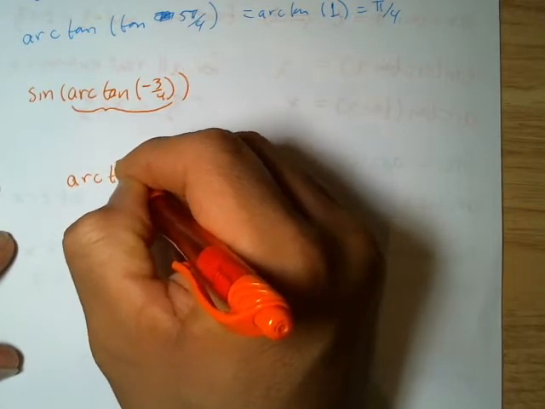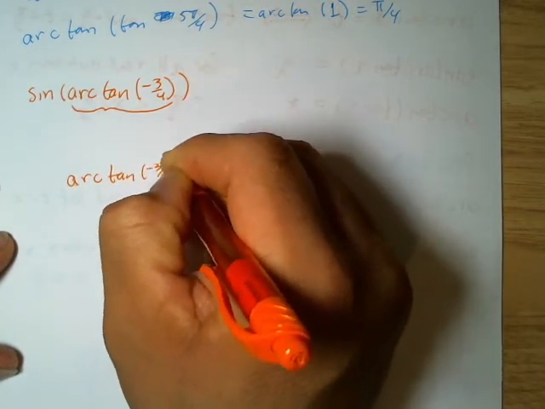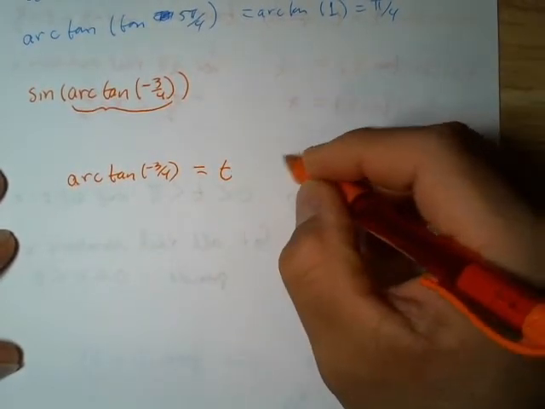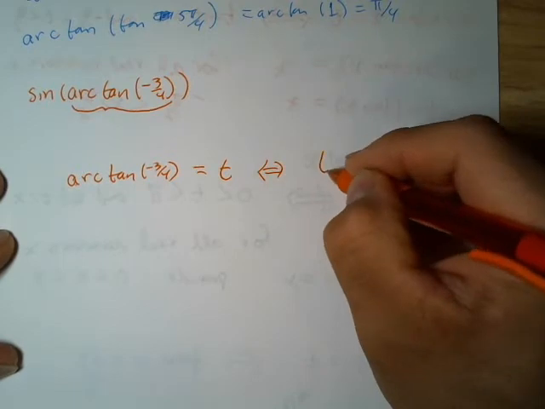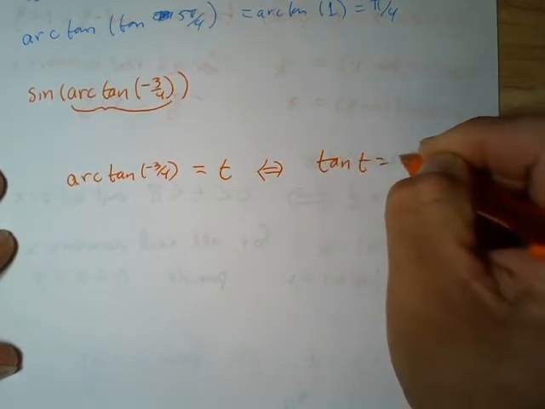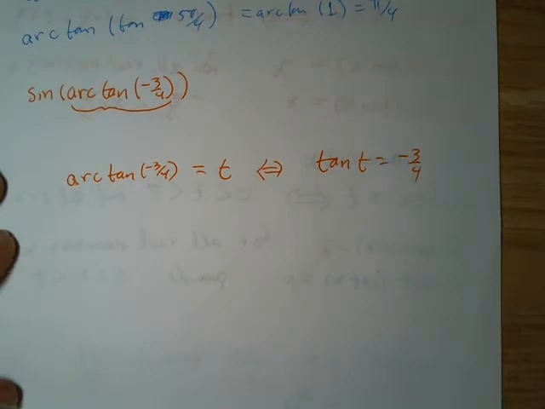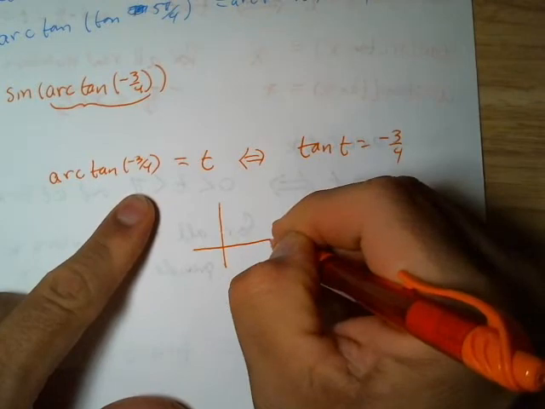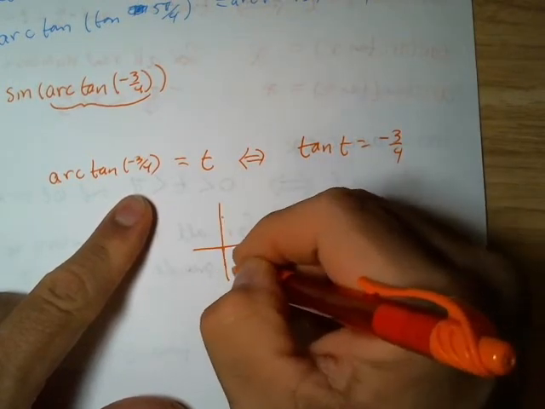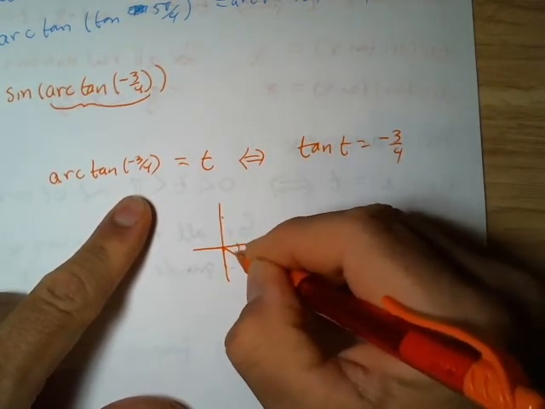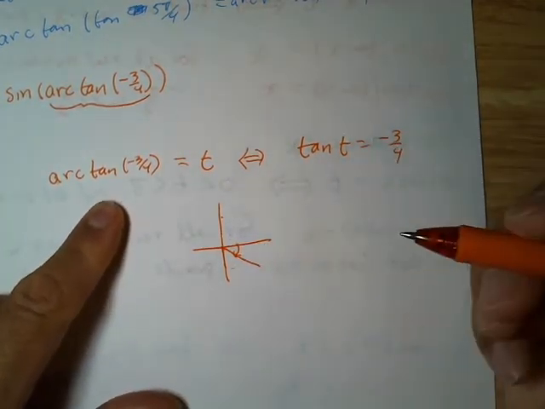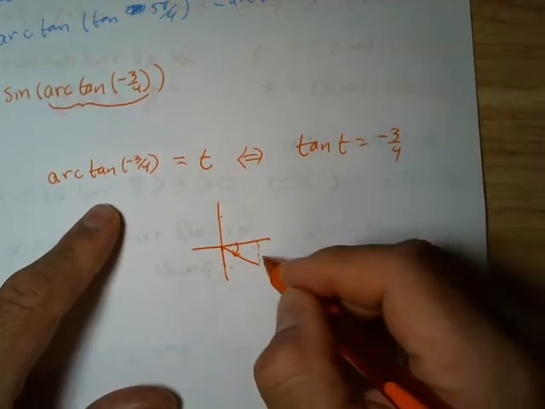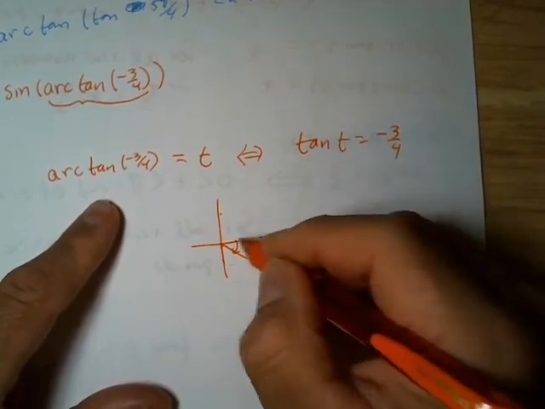Arctangent of negative 3/4 is equal to some angle t, and this is true if and only if tangent of t is equal to negative 3 over 4. Again, with the angle restriction, t must fall between pi over 2 and negative pi over 2. So t is, since it's negative, somewhere right here. And that means that the opposite is negative 3, and the adjacent is a positive 4.